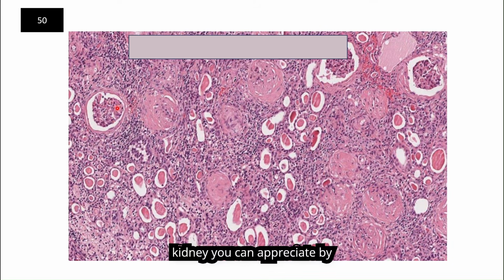Kidney, you can appreciate by glomeruli. These are the tubules having colloid like material in the tubule, so it is called thyroidization of tubule. Some glomeruli are sclerosed, so glomerulosclerosis.